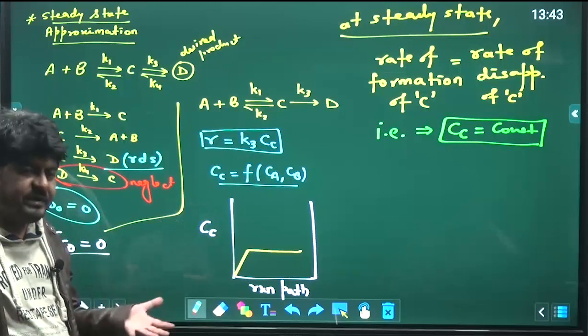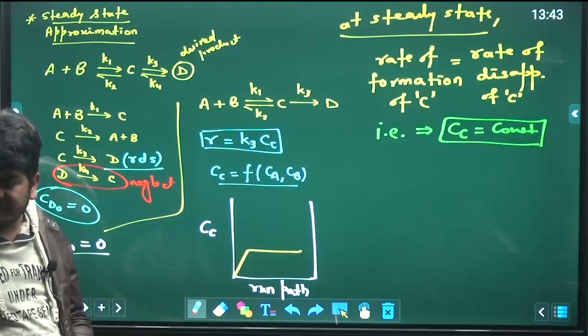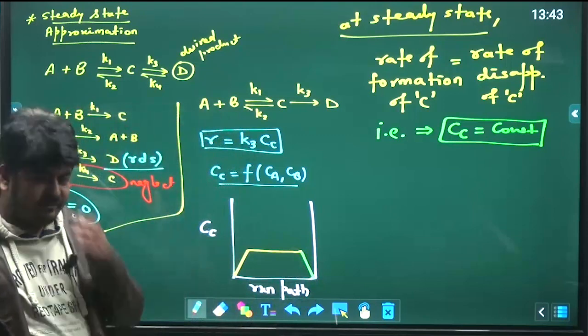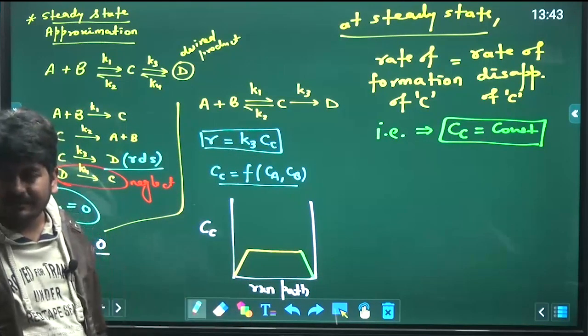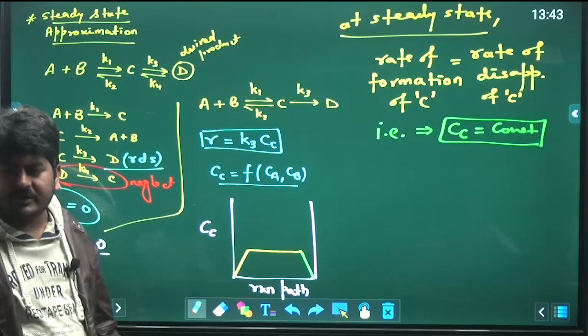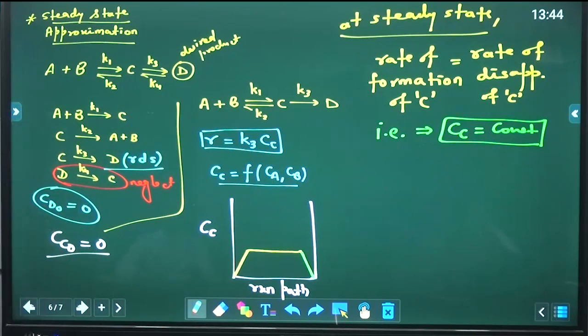Now there is no A, no B, no formation of C, so only disappearance of C will be there. So the concentration of C will start to decrease, and finally we will get the desired product only, or maybe some unreacted A or B, but we will not get C because C is the intermediate product. And you know by definition, intermediate products are those which form during the reaction and disappear during the reaction only. Neither are we sending them, nor will we get them in the outlet. Clear? So this is steady state approximation.